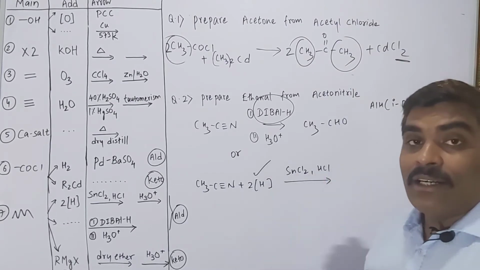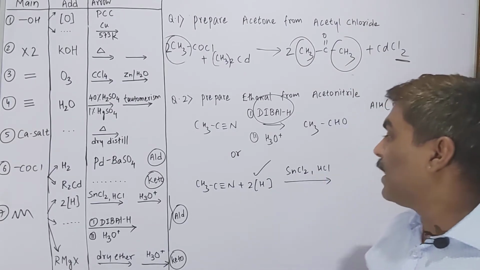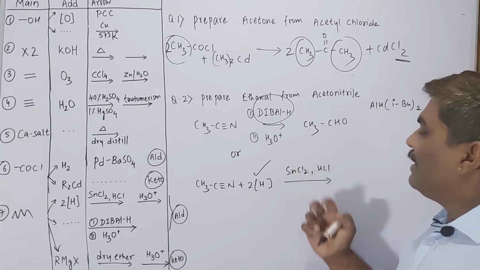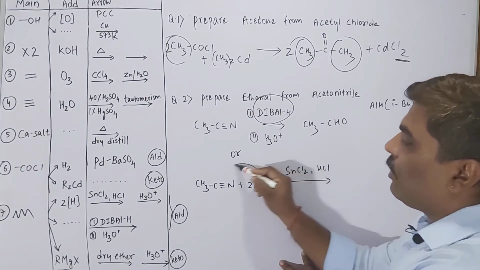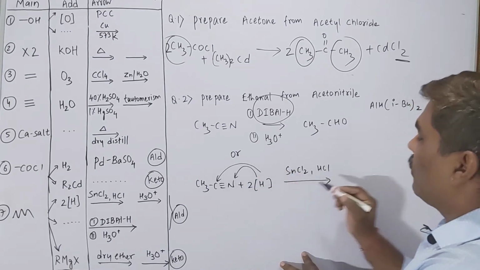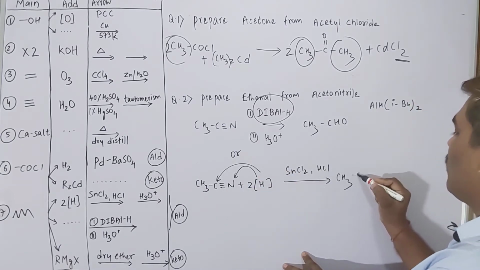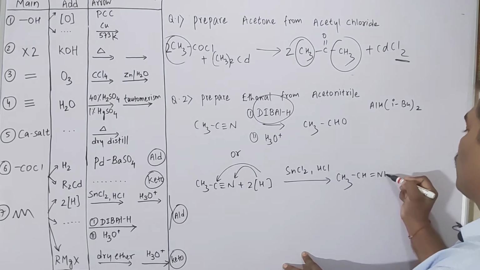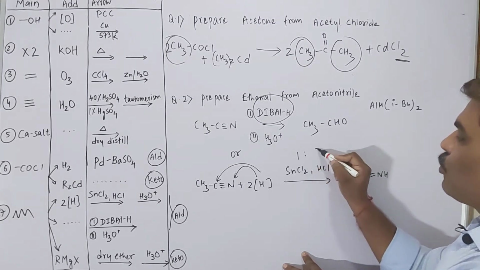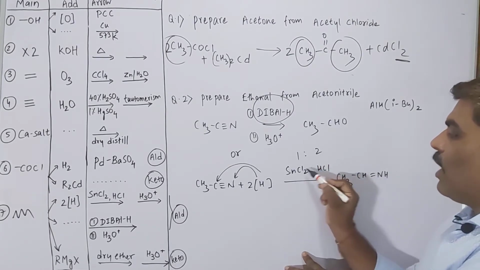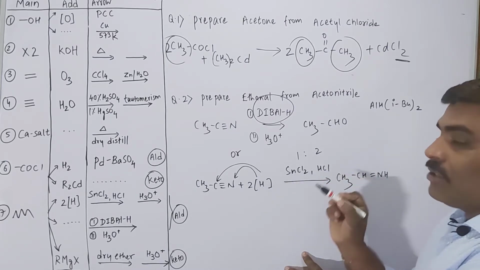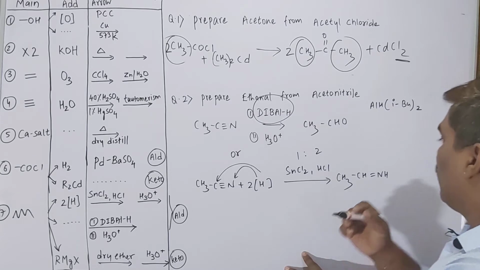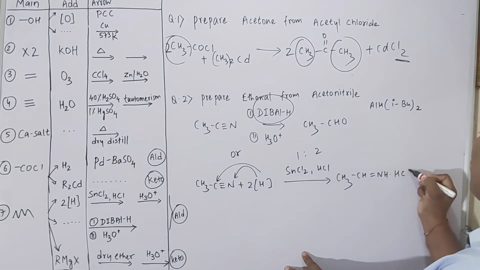This is nascent hydrogen which is produced by this SnCl2 and HCl. So what happens in this reaction? Hydrogen gets added. So we get here CH3CH=NH. Actually the proportion is 1:1, they react and produce two hydrogen. The extra HCl which is there gets added here.